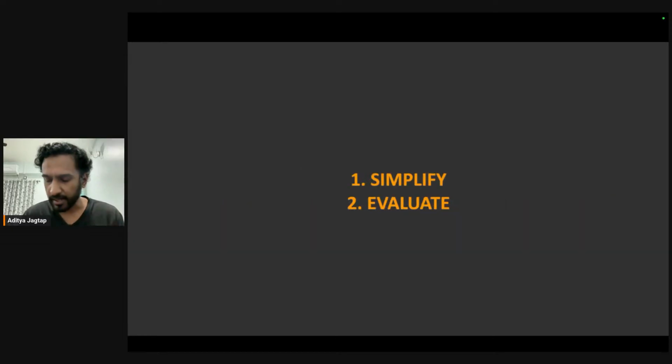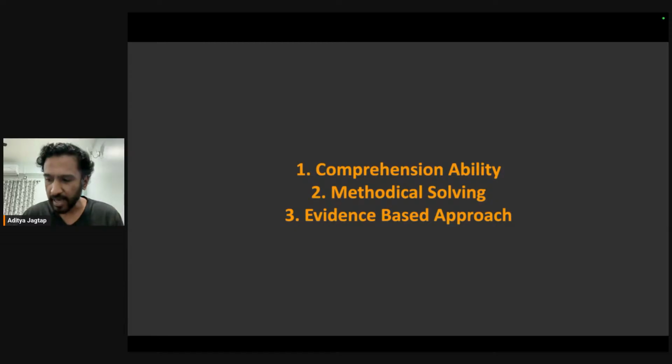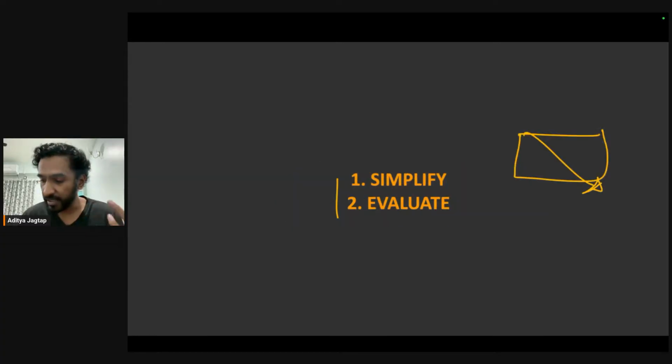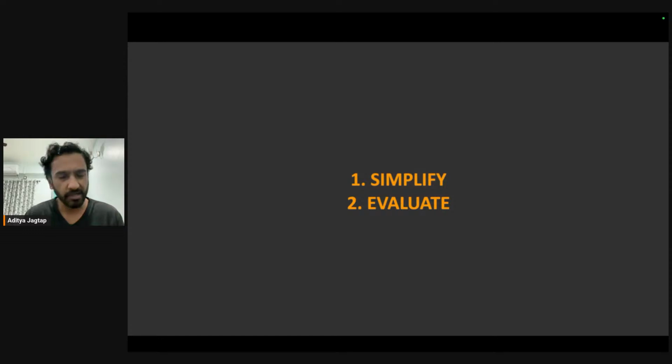The second, and I'll get to it soon, is, let's say we have simplified and evaluated a particular passage. The second way we can make sure that we are not making the second mistake is a methodical approach. Now, what does methodical mean, and why is that something which sounds boring and not as important? Why am I including that as a crucial point in strategy?